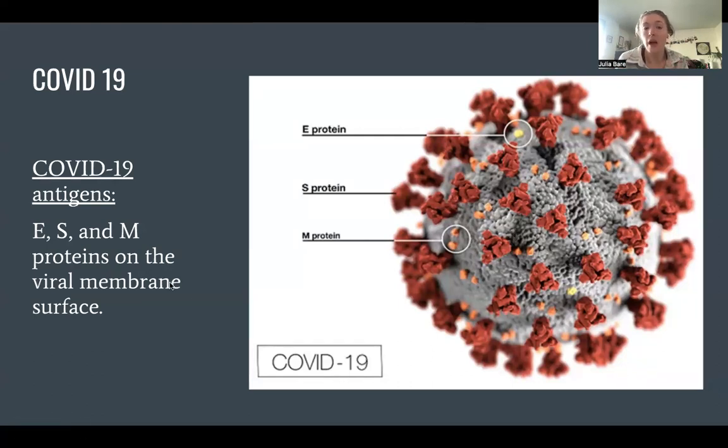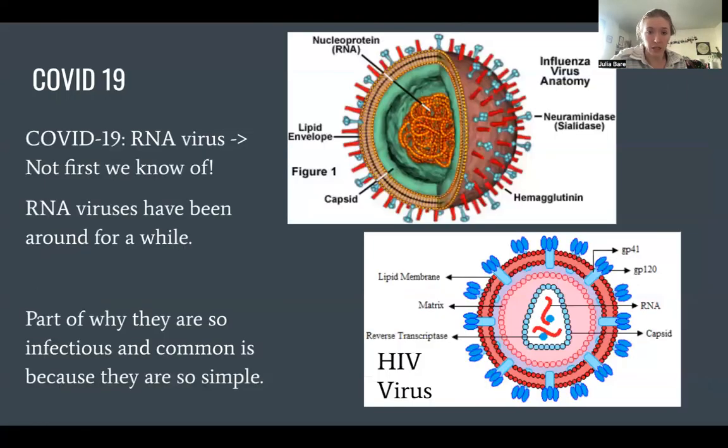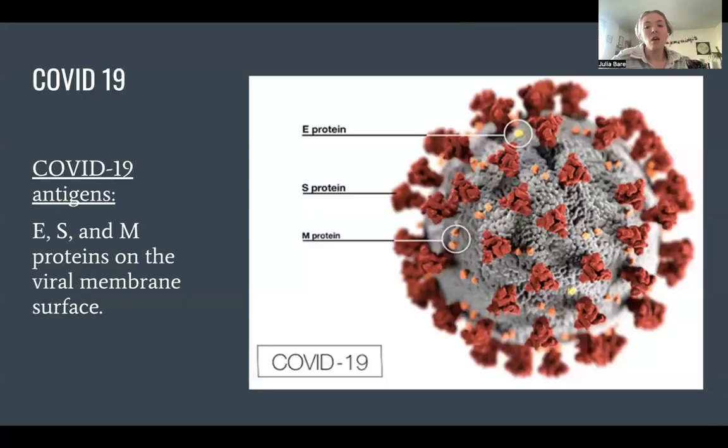These are the E, S, and M proteins. Now, each of these proteins does something slightly different for COVID-19, okay? And I encourage you to draw the structure in your notebook because this structure is going to be important for later drawings and understandings, okay?